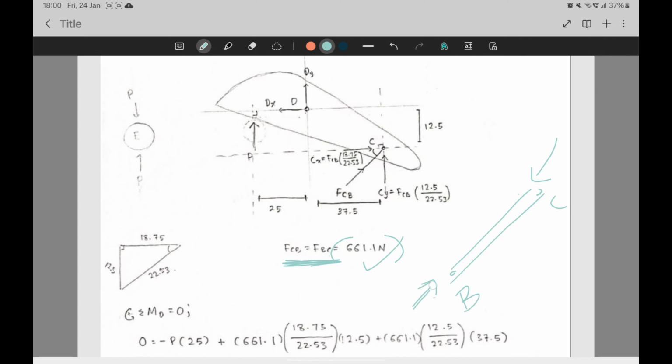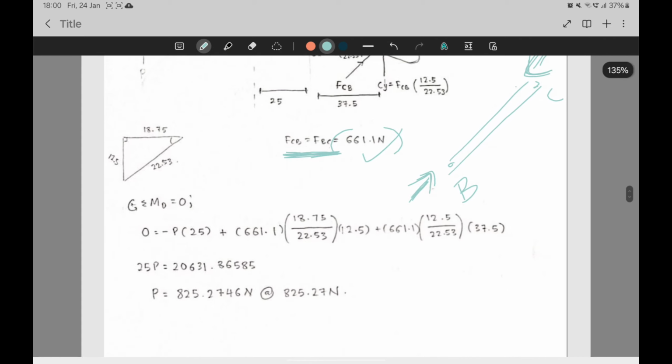So the force is minus 0.1. And this is the solution.